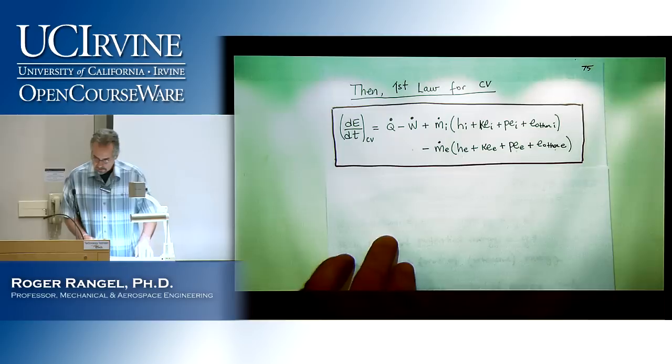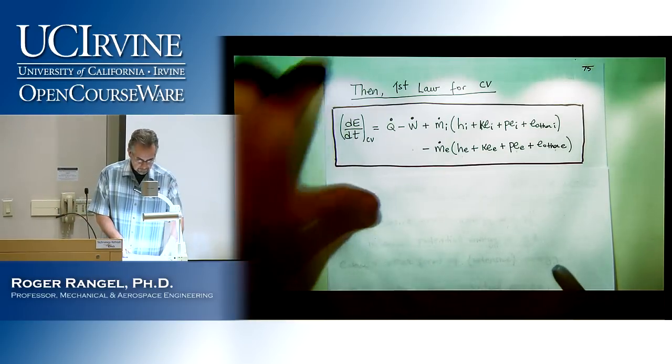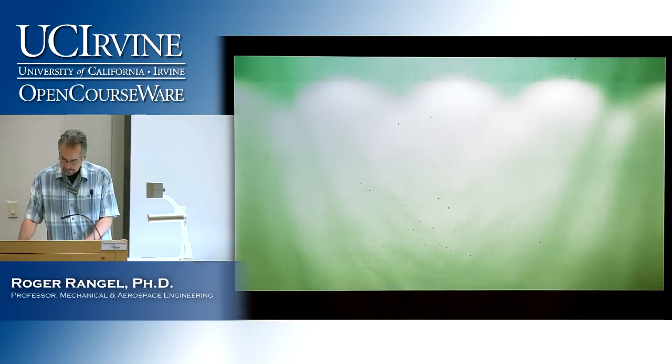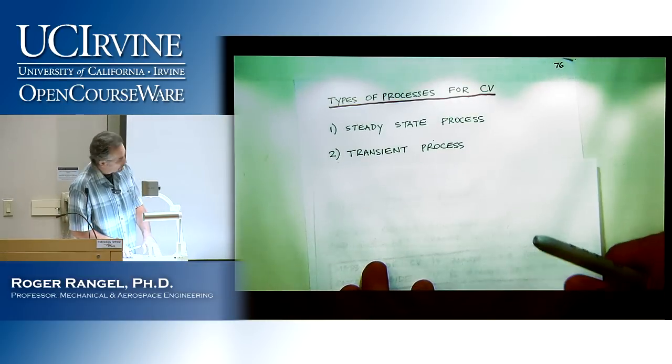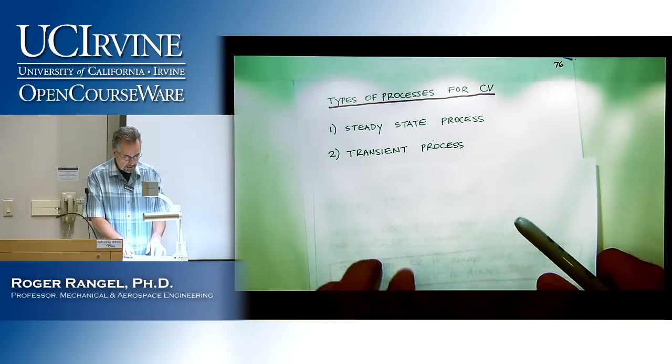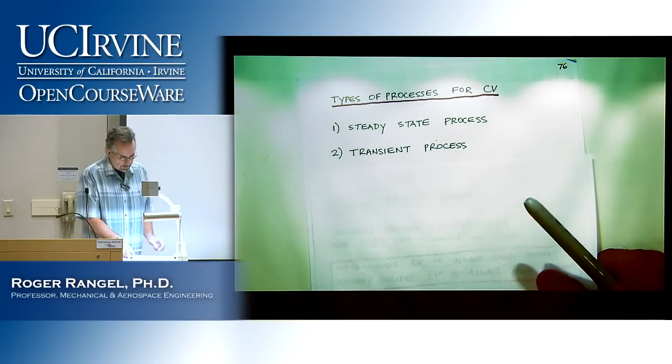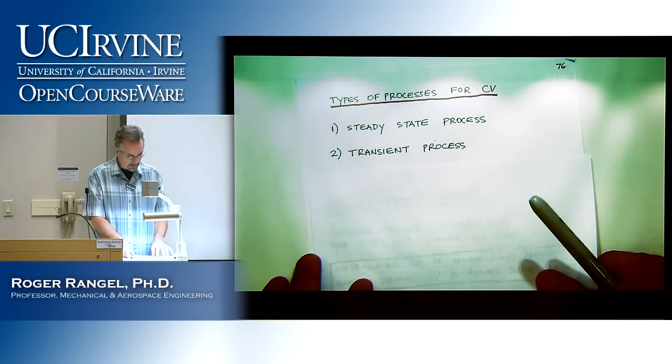But now we're going to remove that assumption and look at the so-called transient processes, number 2 here on this list. So transient processes, of course, are processes where the conditions inside the system are changing in time.